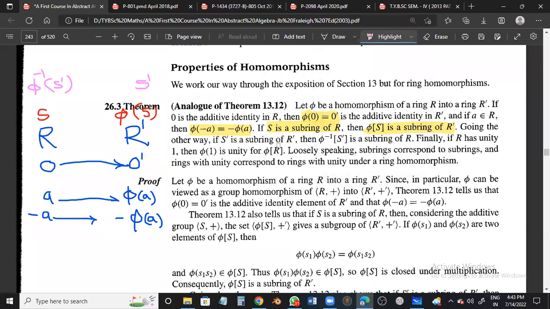If S dash is a subring of R dash, then phi inverse of S dash is a subring of R. So the direct image of a ring is also a ring. The inverse image of a ring is also a ring. We are talking about subring, but to be a subring, it should itself be a ring and a subset. Then we call it a subring. Followed?